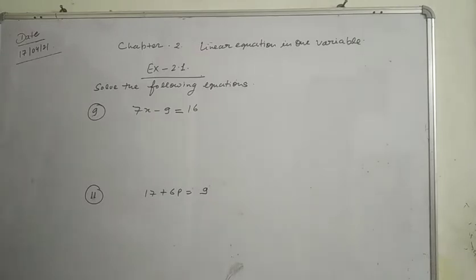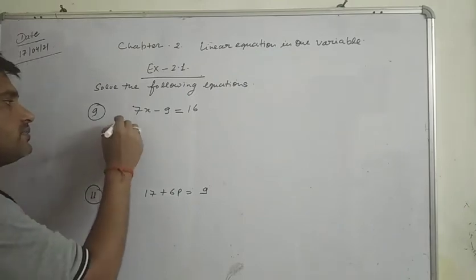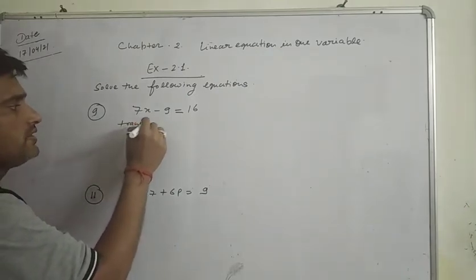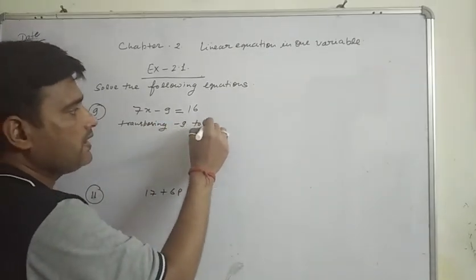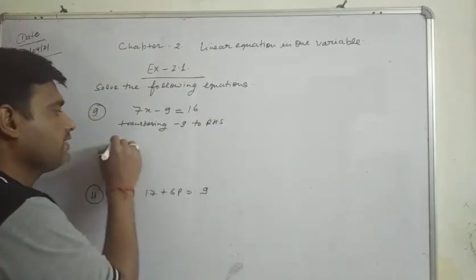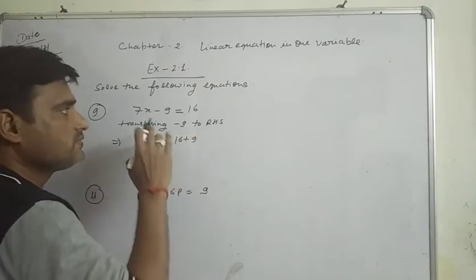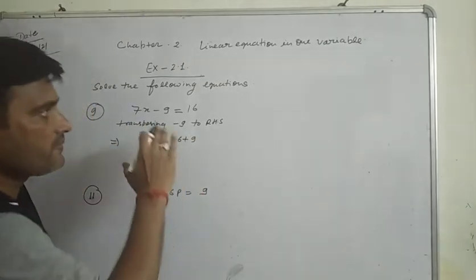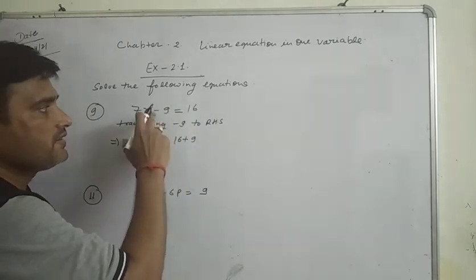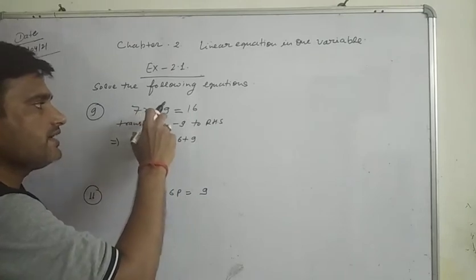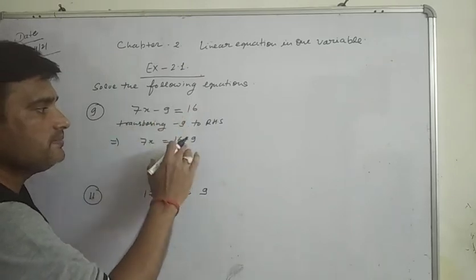Now we solve question number 9. 7x - 9 = 16. LHS part, RHS part. Transposing minus 9 to RHS, this implies that 7x = 16 + 9. When we transfer minus 9 from LHS to RHS, its sign will be changed. Minus 9 has a minus sign, and when its sign changes, it will become positive.